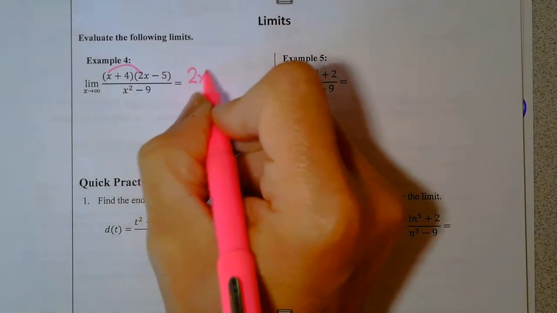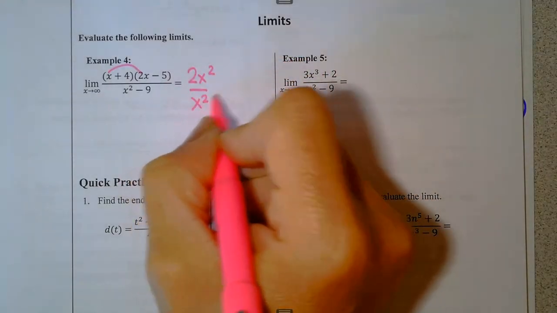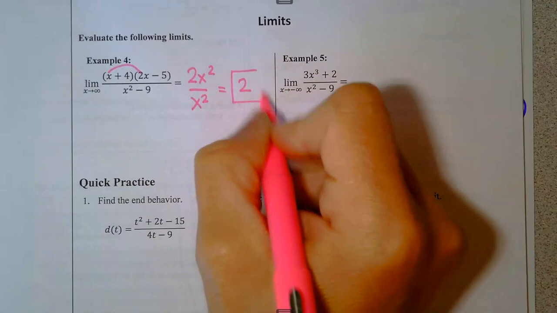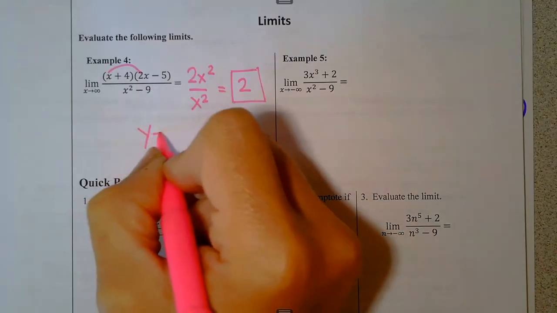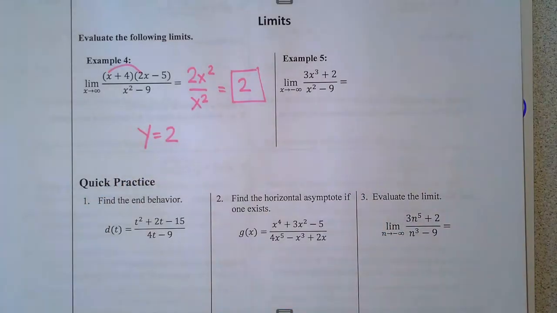So 2x squared over x squared, so this would just be a 2. So what would the horizontal asymptote be? y equals 2. That's going to be a line across 2, like a dotted line. Easy, right? Kinda? Sorta? Okay.